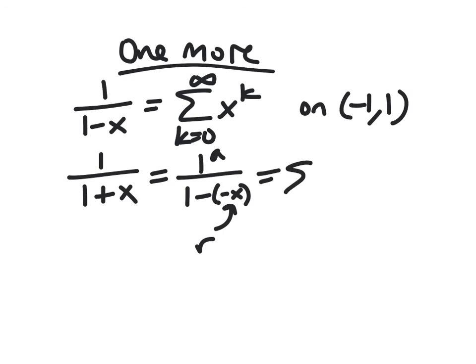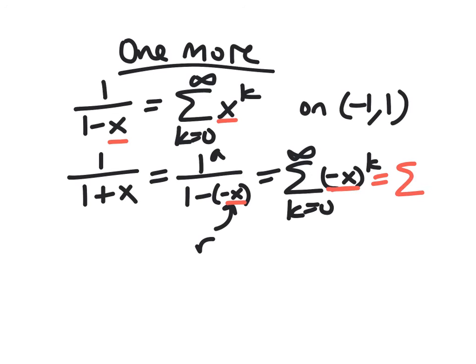And so this is also a geometric series. So this should start k equals 0 to infinity, a is 1, and my r here is negative x instead. So basically, note what I did: I have x here, I switched x with negative x, and I just get negative x in here. And if you wanted to write this with the coefficient separated, you could do -1 to the k, x to the k.